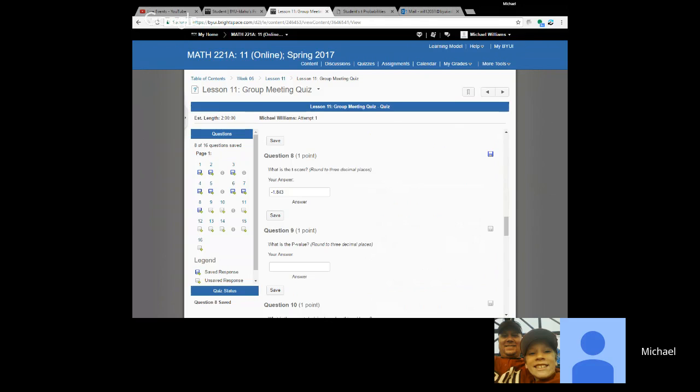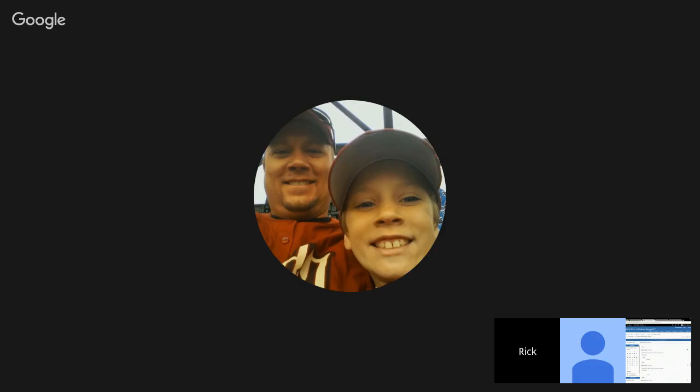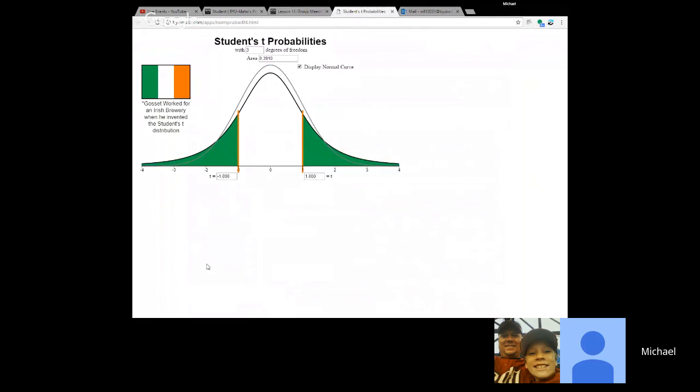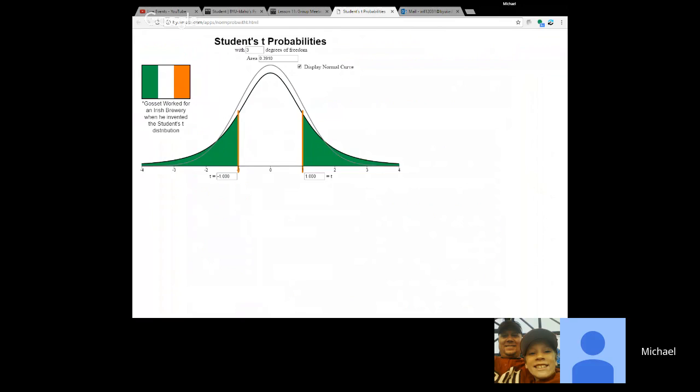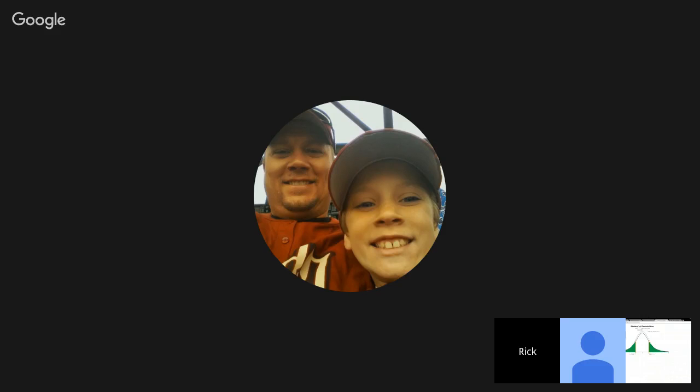Yeah, the p-value. We use the template for that, right? The probability. You can also get it if you use the Excel sheet they gave us. That's the second Excel sheet, correct?